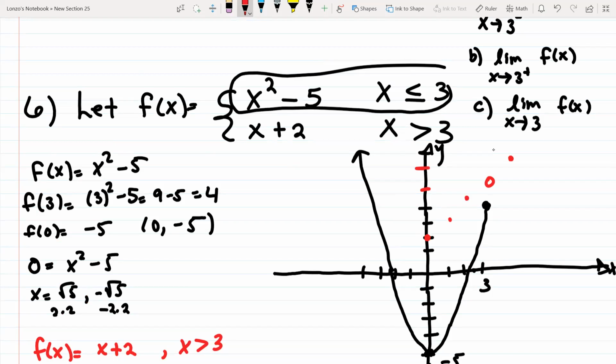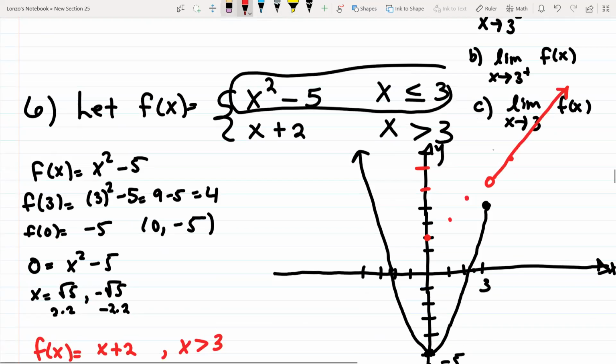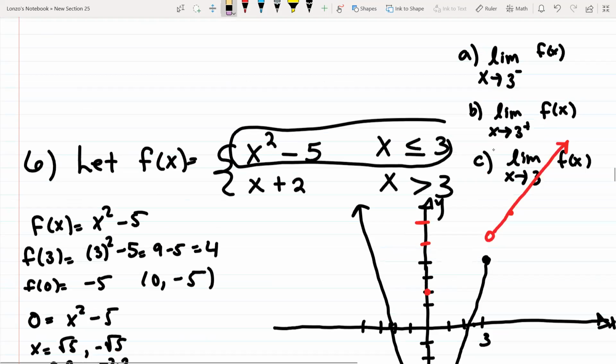The thing is, we don't care about the left side because it didn't say less than, it says greater than. So we only care about everything on the right. This is what we care about. Everything else does not matter. So let me erase these dots. Okay, so this is our piecewise graph.